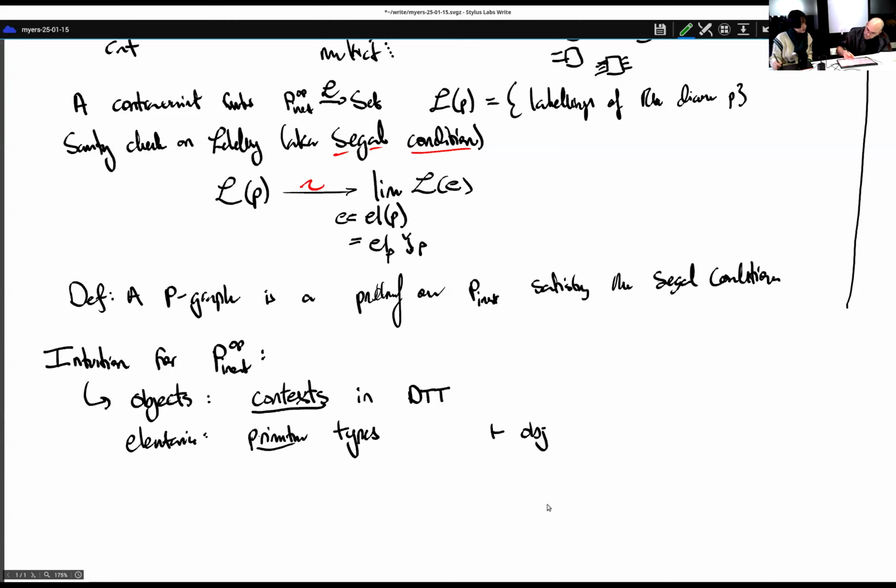But to define morphism, these are what we call here rules.